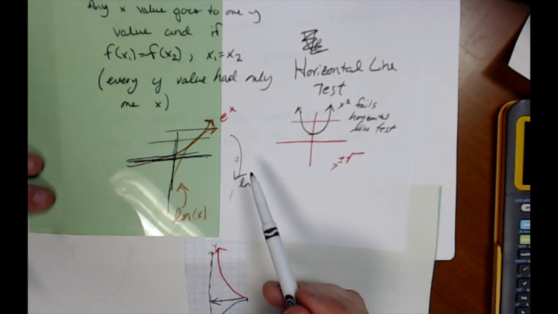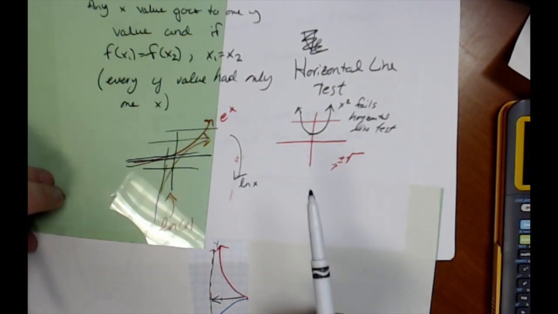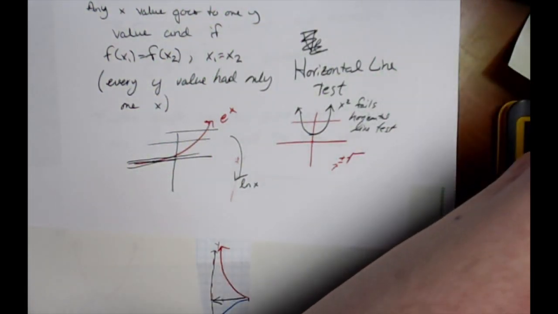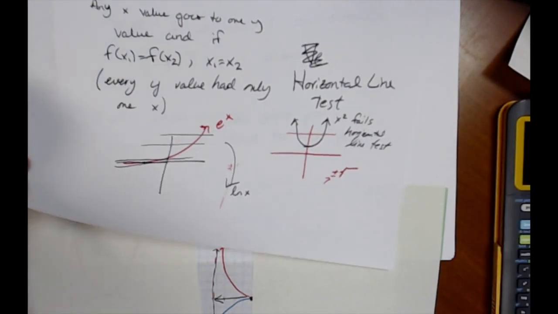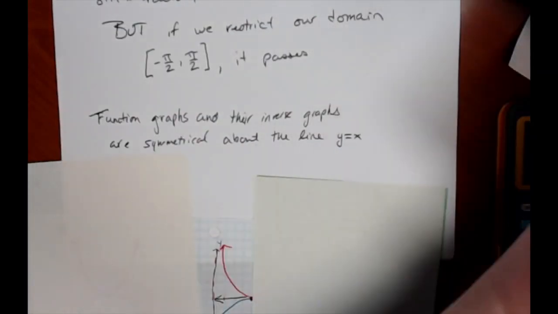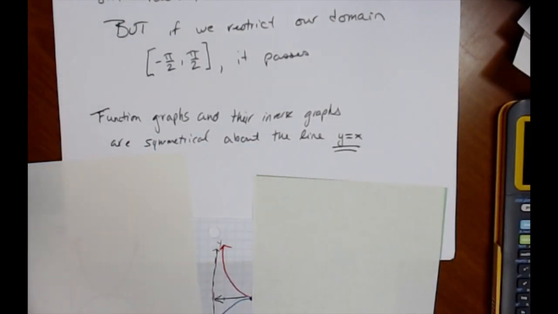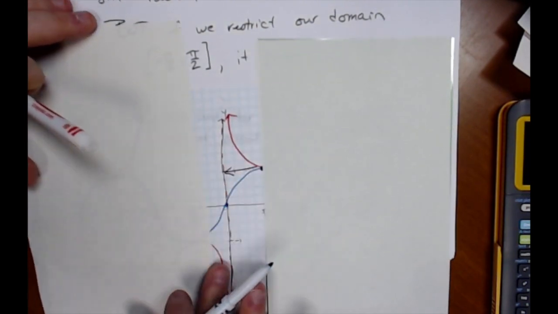If I put that there, that's exactly what it looks like. So instead of finding all of those points and figuring out those values, I'm going to use this trick we have of symmetry about the line y equals x to graph each of our functions.